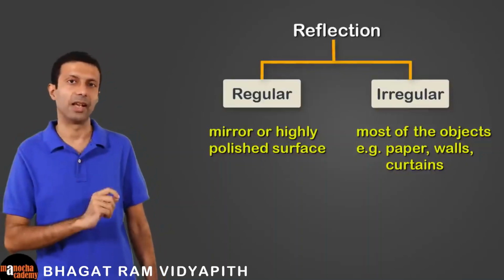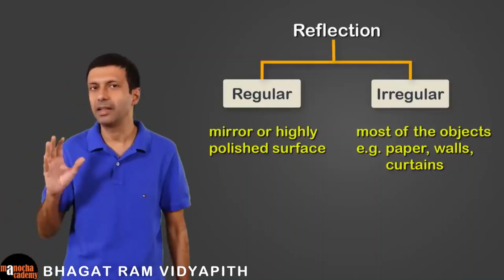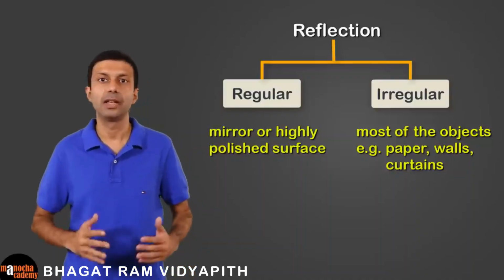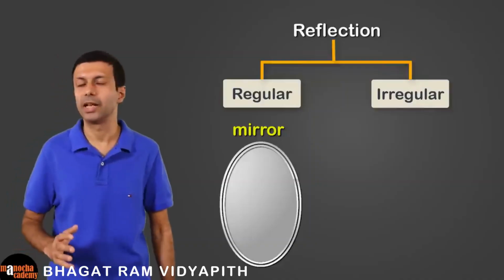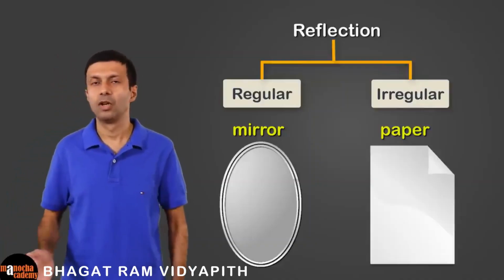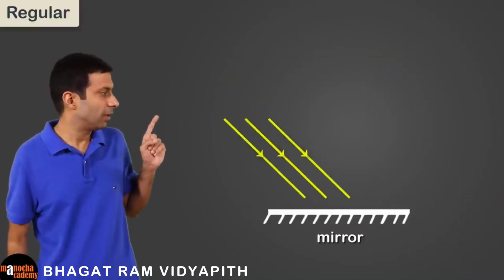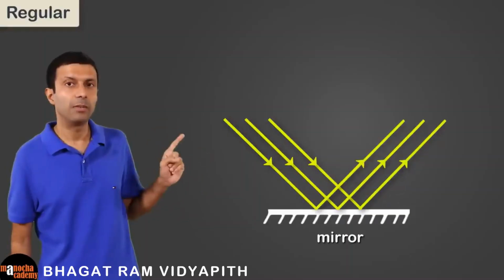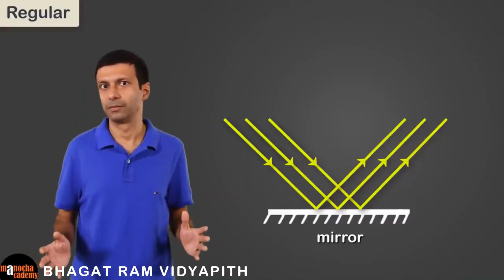they scatter the light. It's easy to understand the difference between regular and irregular reflection if we consider a parallel beam of light falling on a mirror and a surface like a paper. So let's look at the mirror case first. So as you can see in the plane mirror, the parallel beam remains parallel even after reflection.